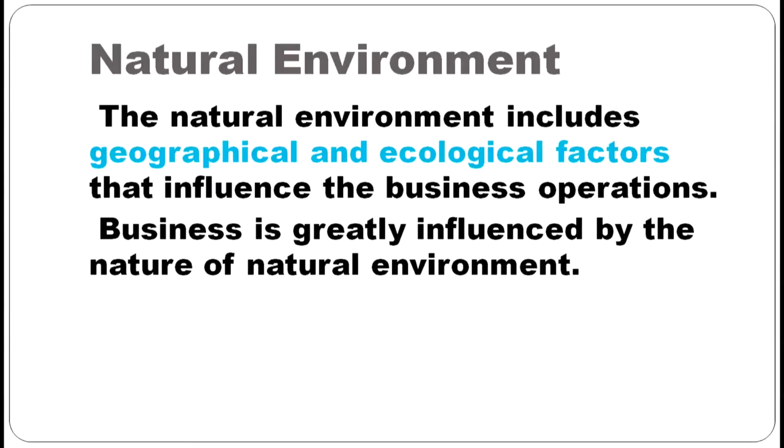Coming to the natural environment, which includes geographical factors and ecological factors that influence the business operations. For example, some types of spices are available only in the southern part of India, which are in high demand in the world market. So, as a natural environment, it is affecting the business of India on a large scale.